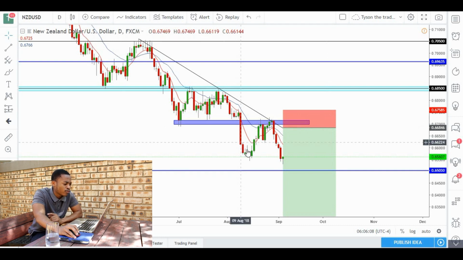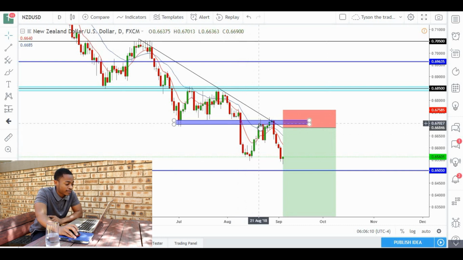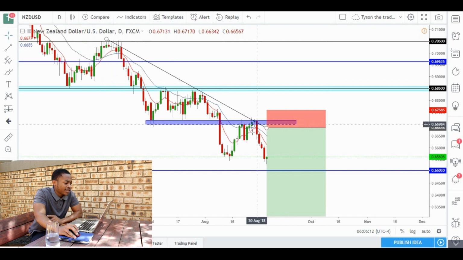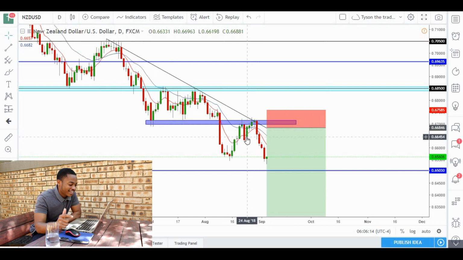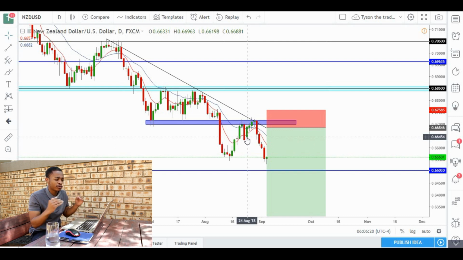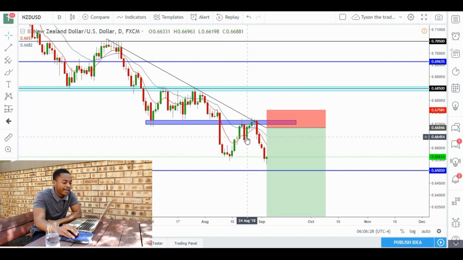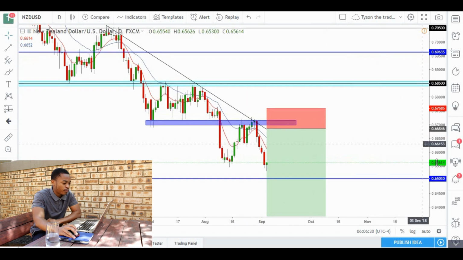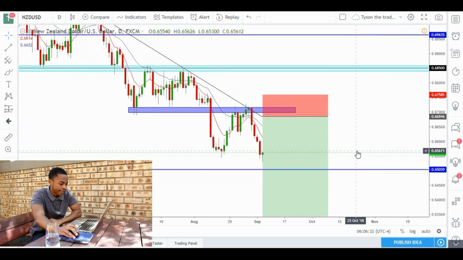So we waited for a pullback to this resistance level, and on this resistance level we produced yet another lower high, right? It adds more confluence into this. We have the trend, which is bearish. We have a horizontal line with support and resistance, which got broken and turned into our new resistance. And on the pullback, we produced a lower high.